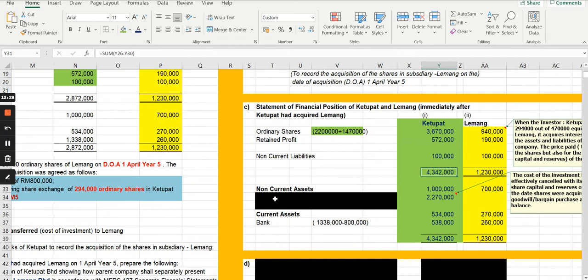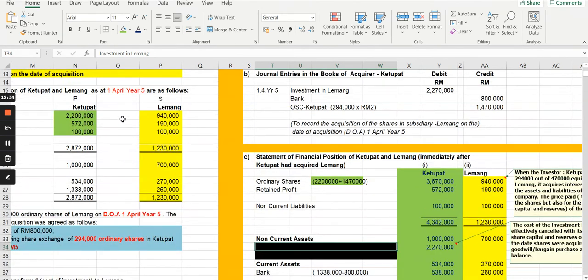The third one is the non-current asset section. You can see that in non-current asset, you have a new item, which is investment in Lemang. This investment, I'll put a different color for this.